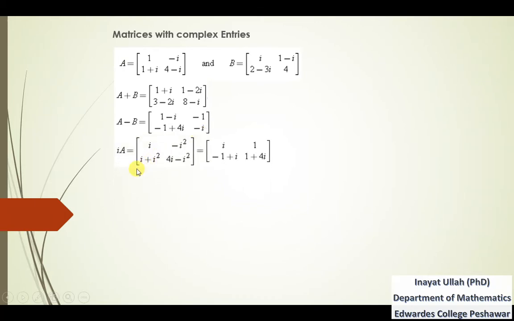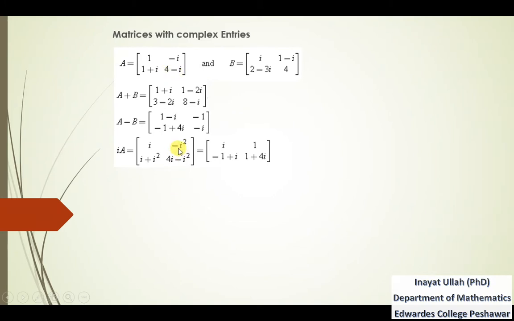Similarly, if we want to multiply matrix A with iota, then iota will be multiplied with all four entries. Iota will be multiplied with 1, iota with this, iota with this thing, and iota with the last entry 4 minus iota.